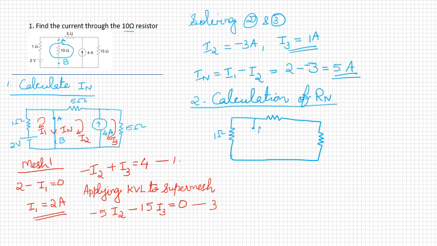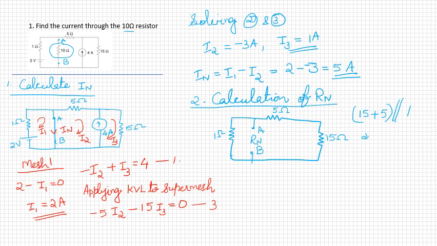Here terminal A, terminal B, 5 ohm, 15 ohm. So it is clear that 15 and 5 are in series, and that is in parallel with 1. The resistance between A and B is Rn.